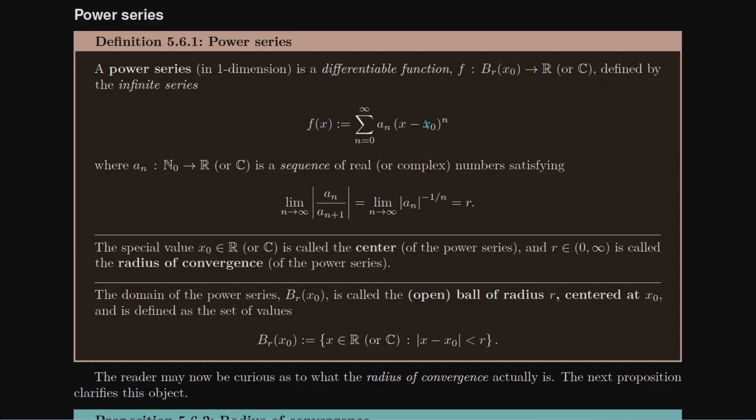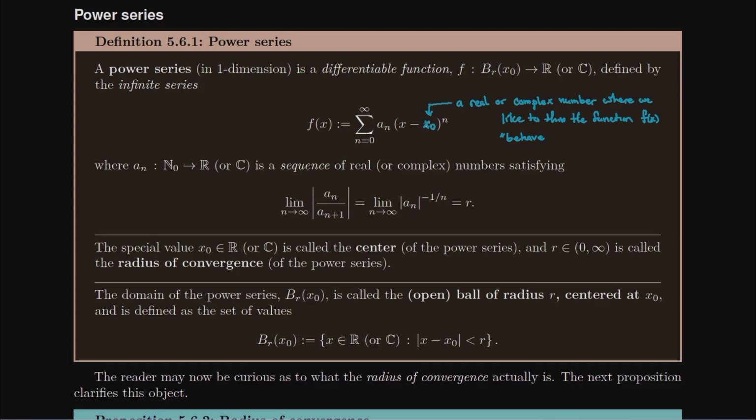Now this x0 has kind of been hiding out, and I haven't really talked about what that is. This is just a number, a real or complex number, where we like to think the function f of x, which really is our power series, behaves nicely at.